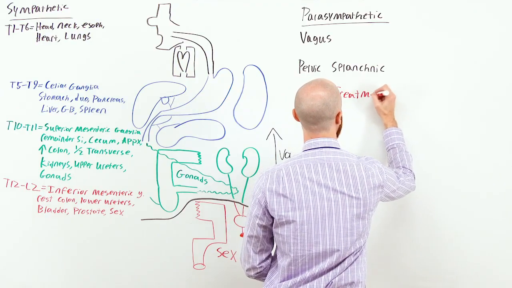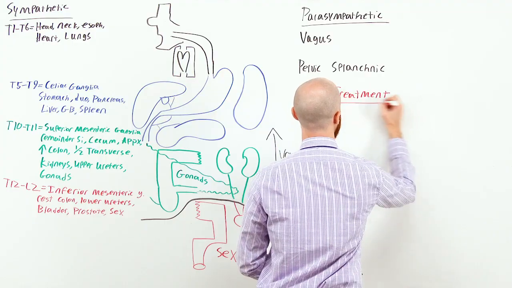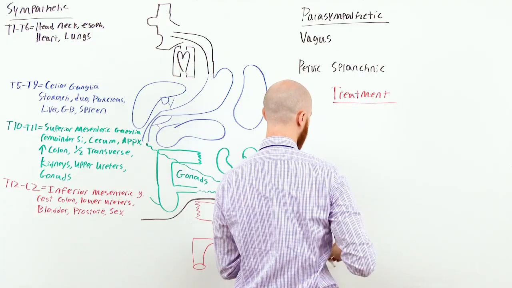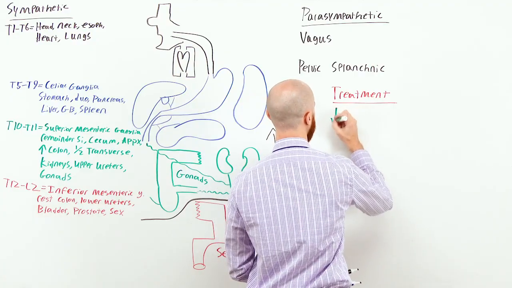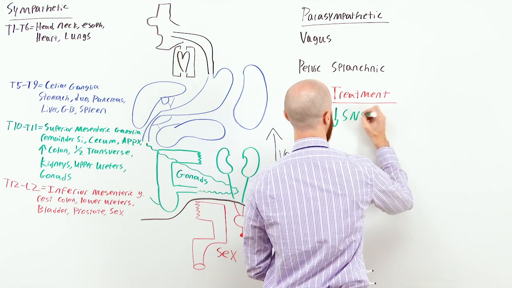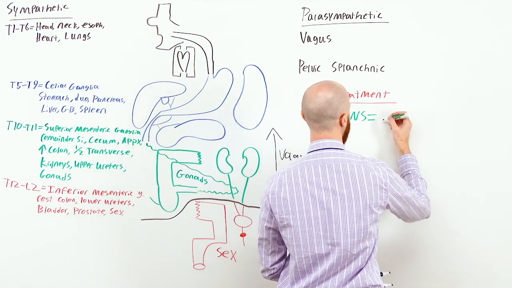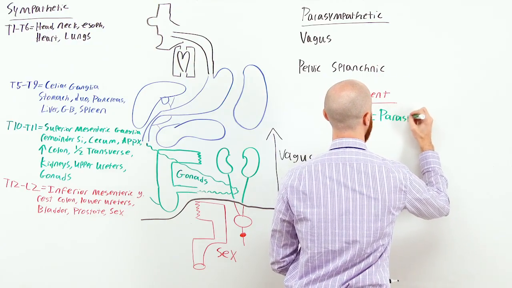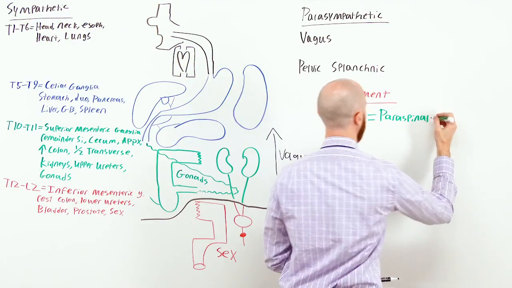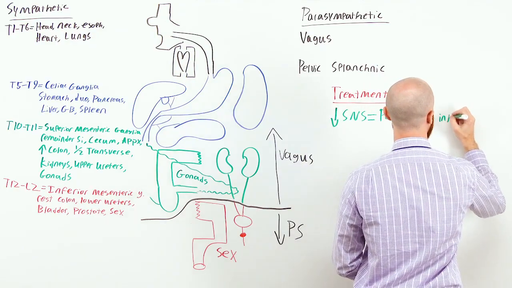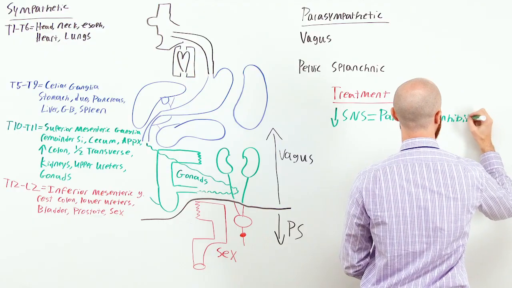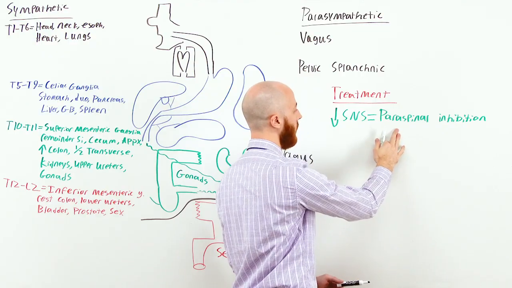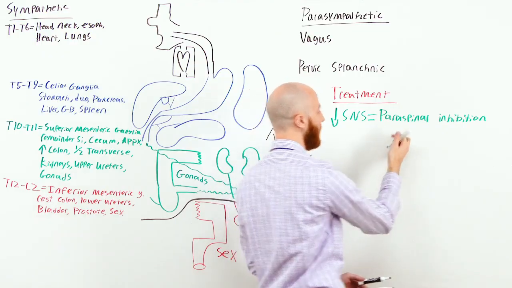So for your treatment, if you're trying to down-regulate the sympathetics, you're going to try paraspinal inhibition. And the most common paraspinal inhibition that students know is rib raising.